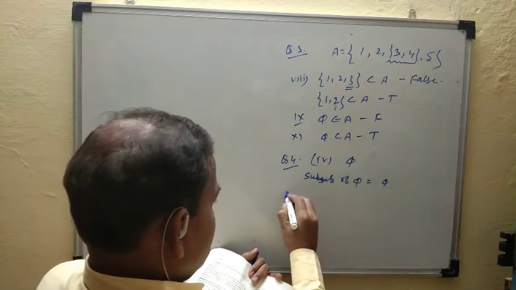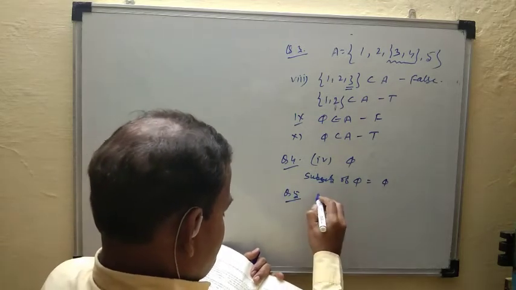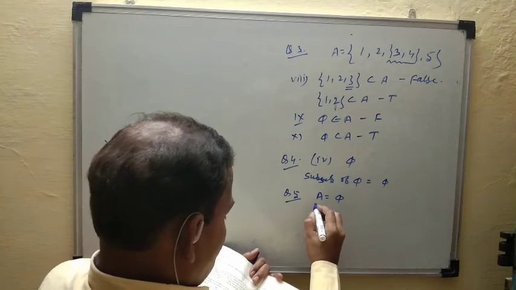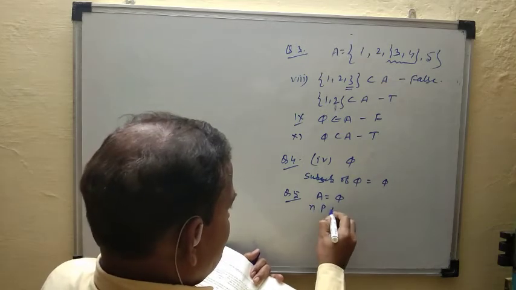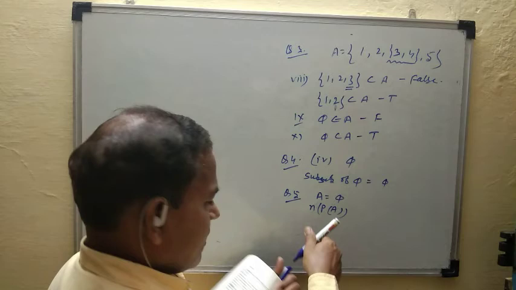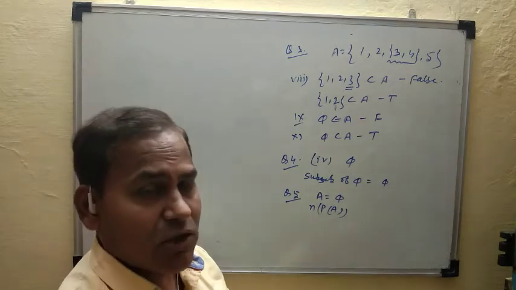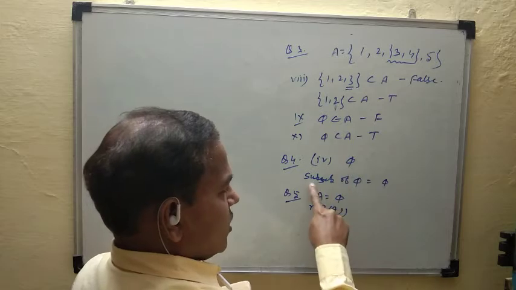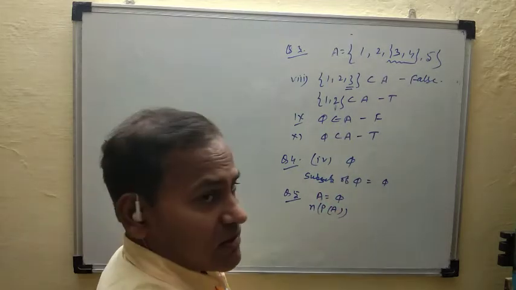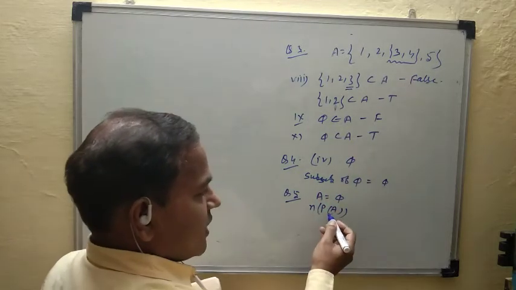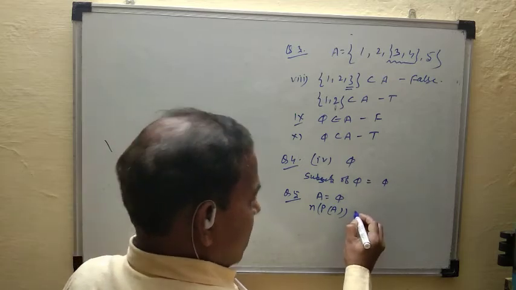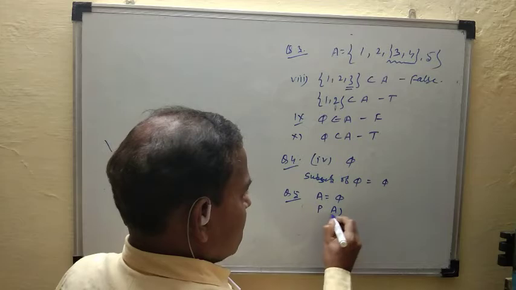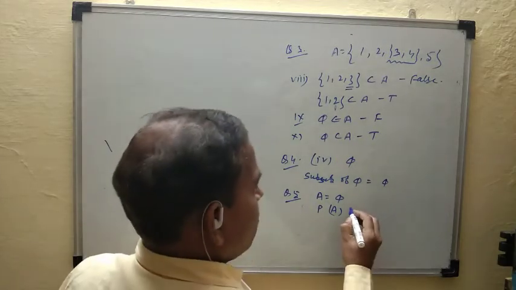And same, question number 5. If A is equal to phi, then how many elements in P of A? Number of elements of power set of A. When set is phi, then total number of subsets is equal to 1. So number of elements of P of A is equal to 1, because first find P of A, that is the power set of A. So write all subsets.